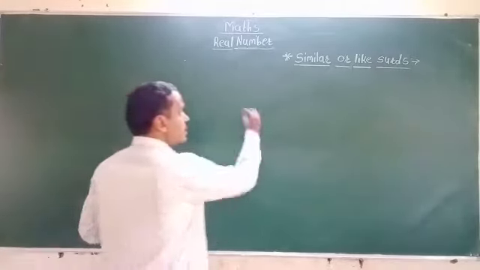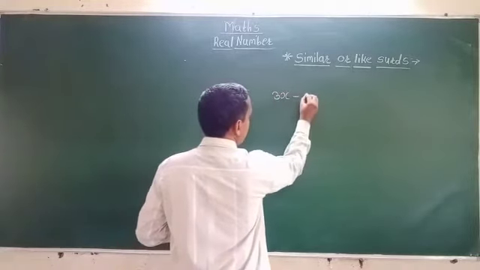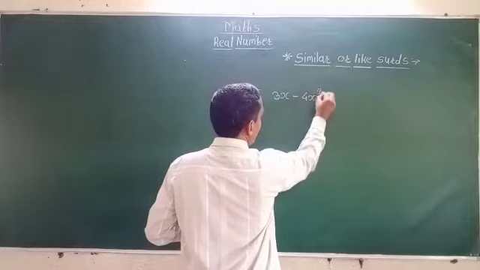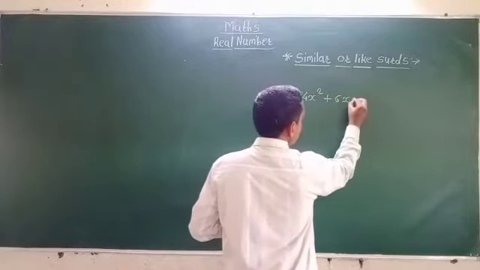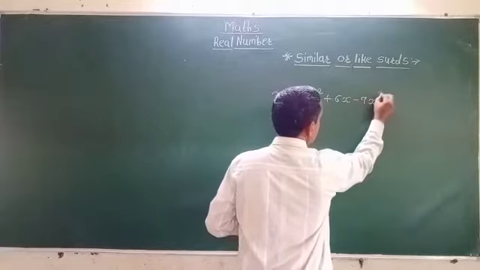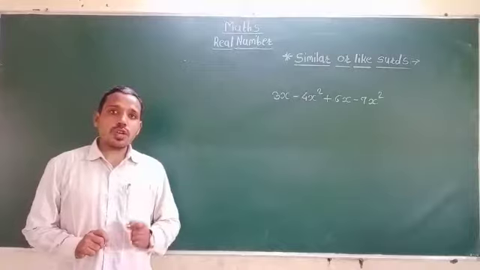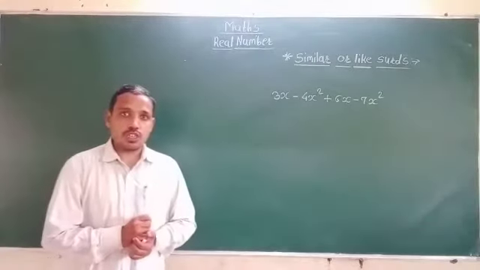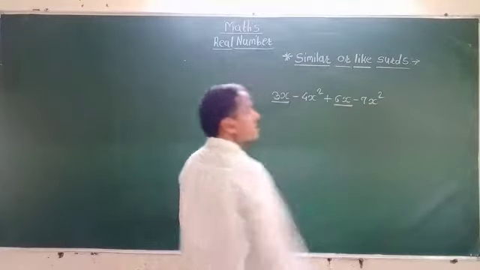So we get some equations: 3x minus 4x square plus 6x minus 7x square. If we want to carry out addition and subtraction, we take 3x and 6x.